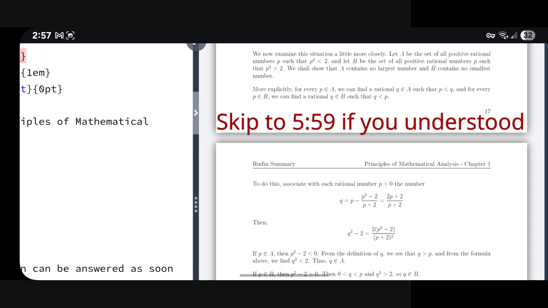And likewise, we get q squared is less than 2 because... let me think of this a little second.